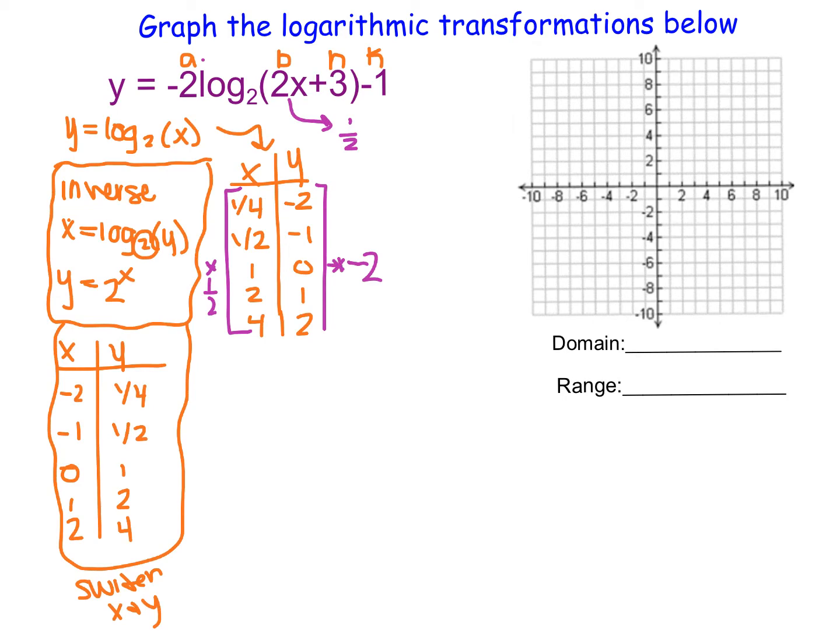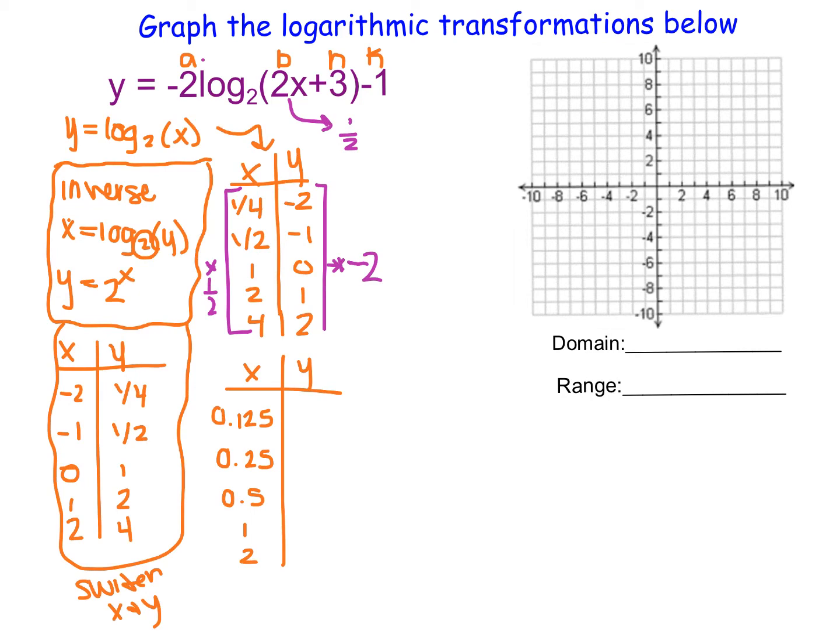So as we do that, 1/4 becomes 1/8. If you want the decimal version, that's 0.125. 1/2, which was 0.5, becomes 0.25, which is 1/4. This 1 becomes 0.5, 2 becomes 1, and 4 becomes 2.